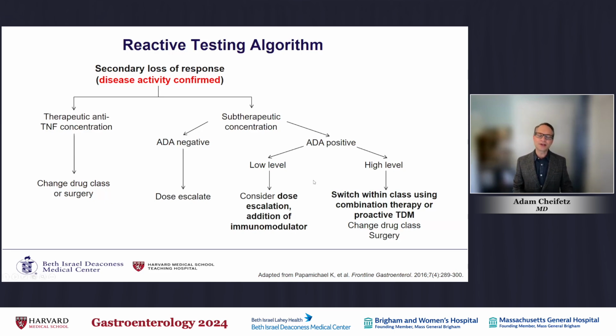Importantly, these patients are more likely to develop antibodies to a second anti-TNF, so please have them on a concomitant immunomodulator and or do proactive therapeutic drug monitoring. Certainly you can switch out of class, but they're no more likely to respond to another agent than they were initially. You know, you're looking at maybe 2 out of 3 patients having some sort of response.